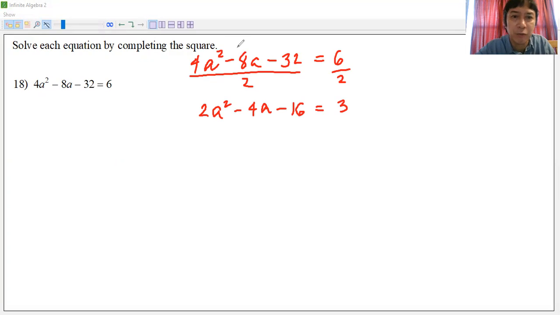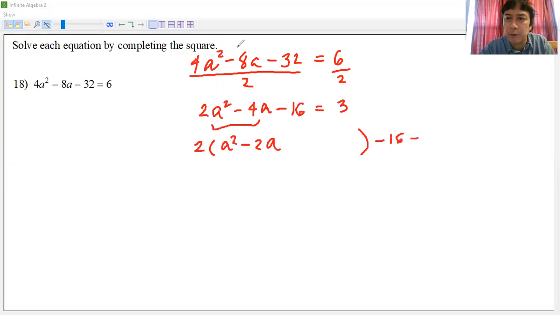So we will be dealing with the first two terms. We shall factor out the 2, and we will have a squared minus 2a there. Our factoring is correct: 2a squared, negative 4a. Now we provide a space for the add and subtract, followed by the negative 16 equals 3.